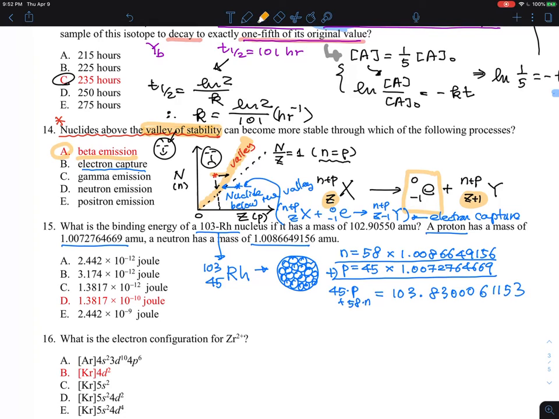But what this problem is telling me is this rhodium as it is, what I highlighted, has this mass.